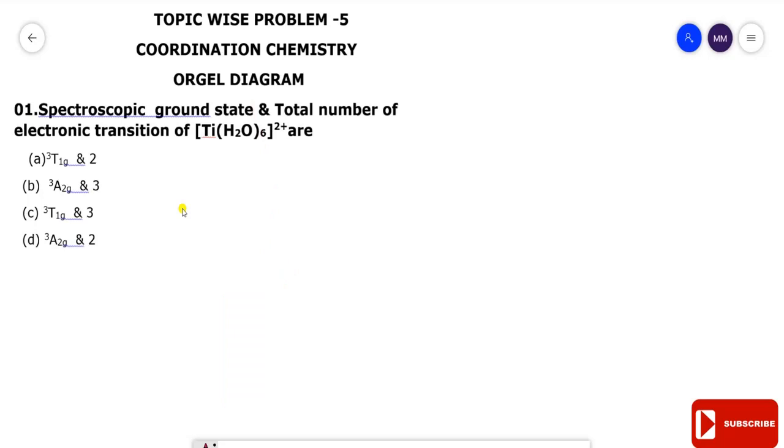First of all, depending upon the L value, the spectroscopic term. We know that the total azimuthal quantum number L equal to 0, the term is S. 1 it is P. 2 it is D. 3 it is F. 4 it is G and so on. These terms S, P, D, F, G are split into Mulliken terms.